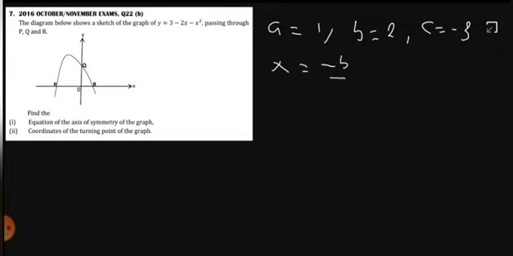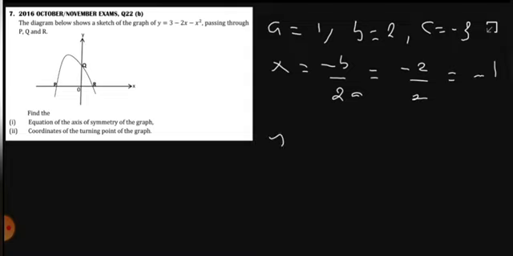Then it says the coordinates of the turning point of the graph. We already know that our a is equal to 1, our b is equal to 2, and our c is equal to negative 3. So we have already found our x coordinate for the turning point, which gave us negative 2 over 2, which gave us negative 1.